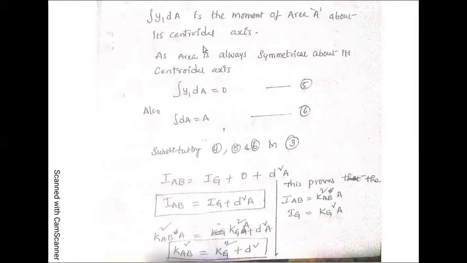And the y1 dA term, the second term, is also called the moment of area about its centroidal axis. If the area is symmetric about the centroidal axis, then integral y1 dA is equal to 0.